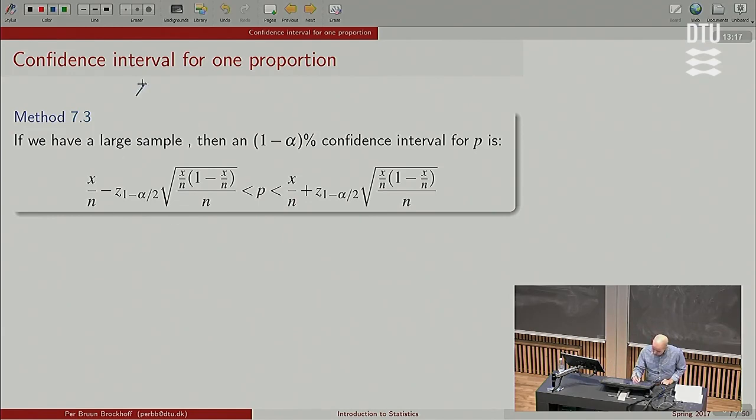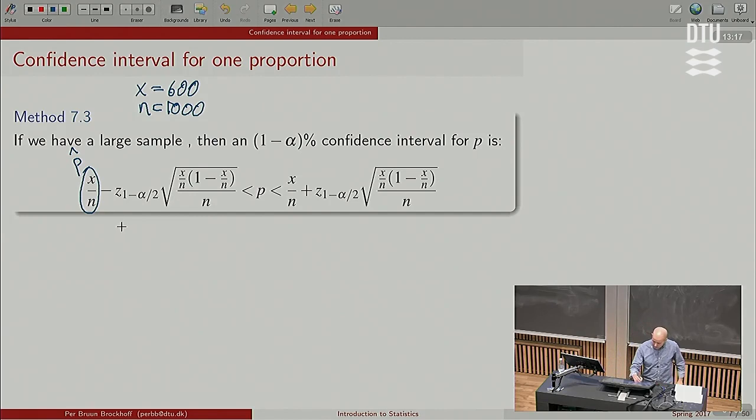Look at this. We just have the two numbers, x, that would be 600, and n, that would be 1000 in this example. So we have the proportion, sometimes we would call that p hat, plus minus 2 times the standard error, in a way.